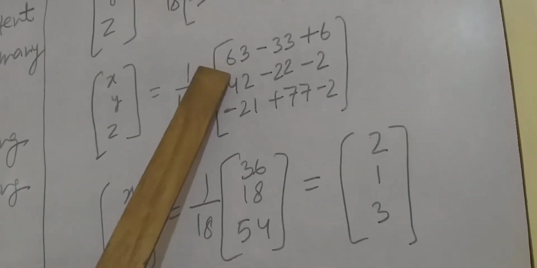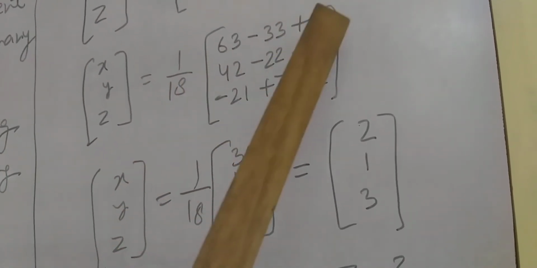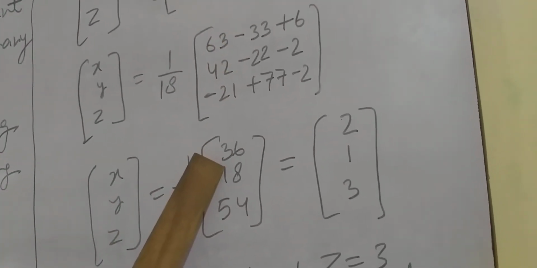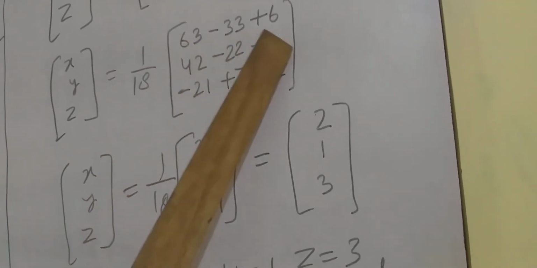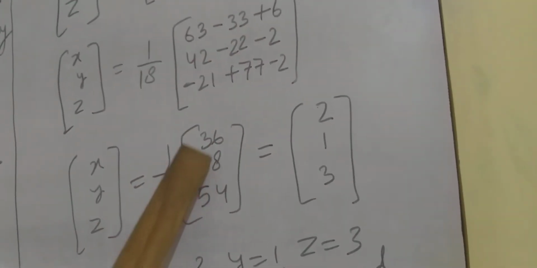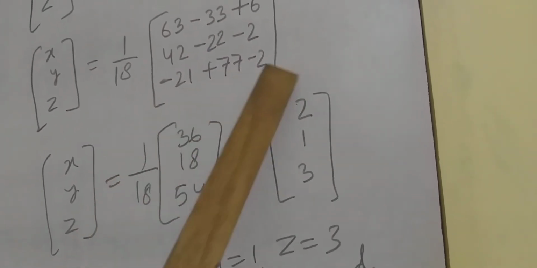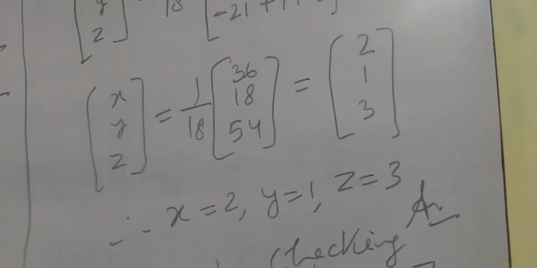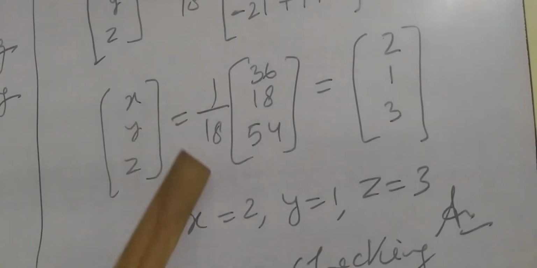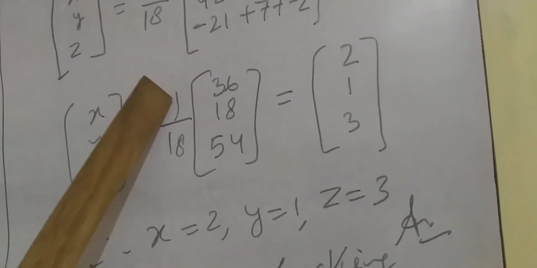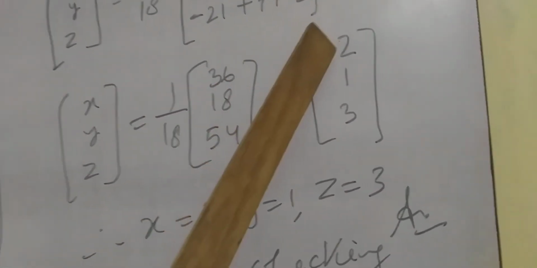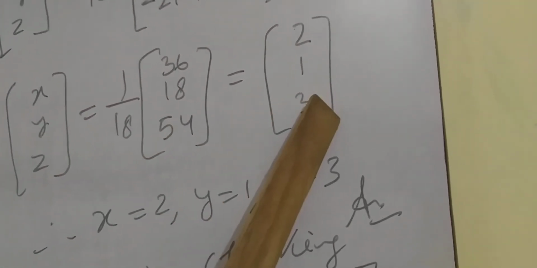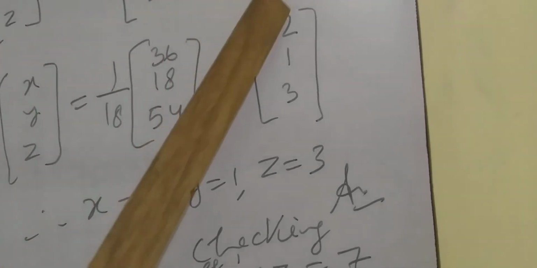Let us do the calculation. 63 plus 6, 69 minus 33, 36. 42 minus 24, student, 18. 77 minus 23, 54. Now each value will be multiplied by 1 upon 18. So 36 into 1 upon 18, 18 twos are 36. 18 ones are 18. 18 threes are 54. So x, y, z equals 2, 1, 3.